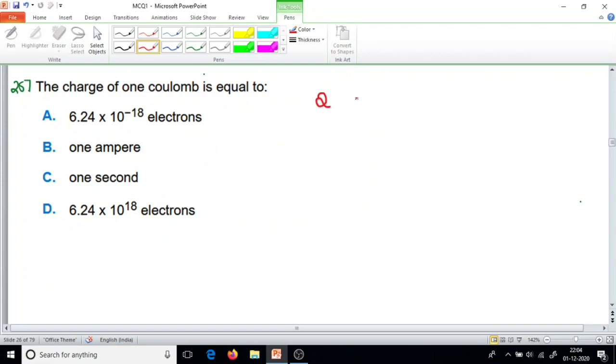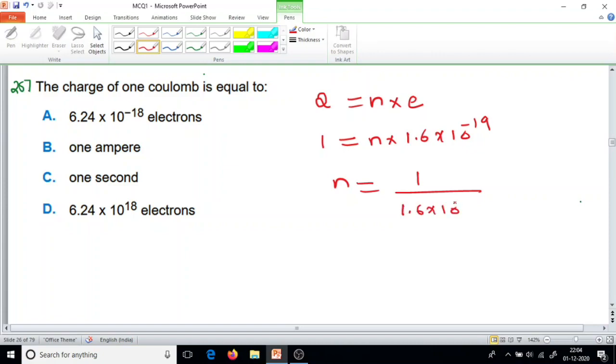Q equals the number of electrons into the charge of 1 electron. N equals 1 divided by 1.6 into 10 to the power minus 19.